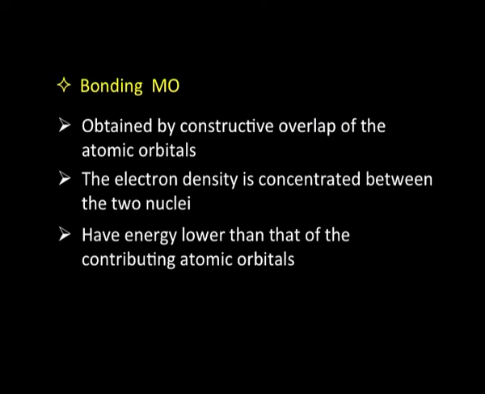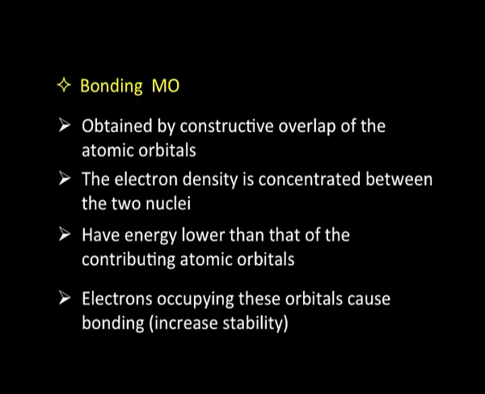We saw atomic orbitals having a certain energy; the bonding molecular orbital has energy lower than that, whereas the anti-bonding has energy higher than that. And the electrons occupying these orbitals cause bonding, because the basic approach of molecular orbital theory is that we construct the molecular orbitals first and then fill in the electrons. So, any electron which occupies a bonding molecular orbital is going to contribute to the bonding, or increase the stability of the molecule there.